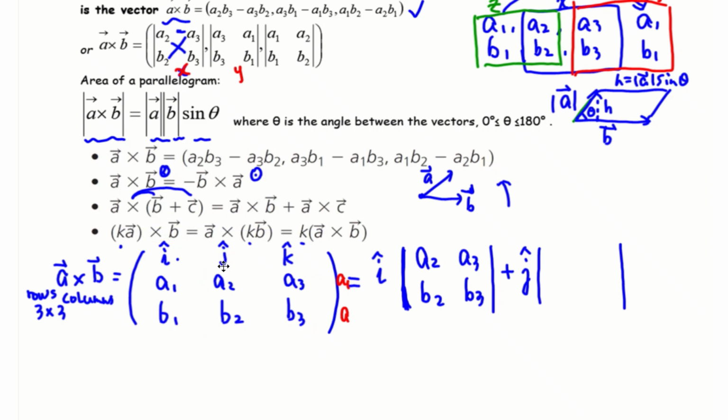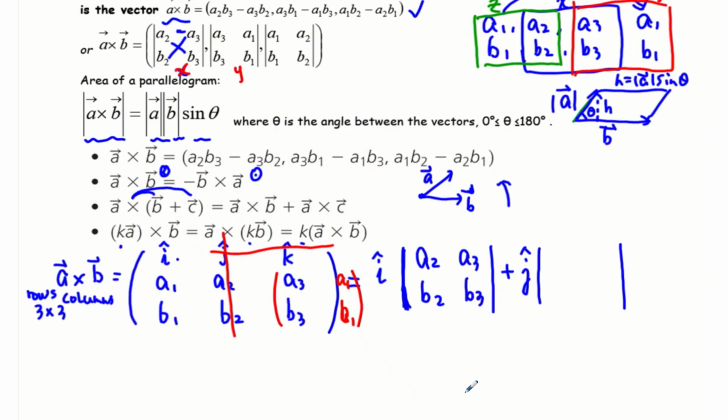Okay, so this is the j direction. We cross the j out, then we continue to the next part. It will be this part, A3, B3, A1, B1. So this is our matrix.